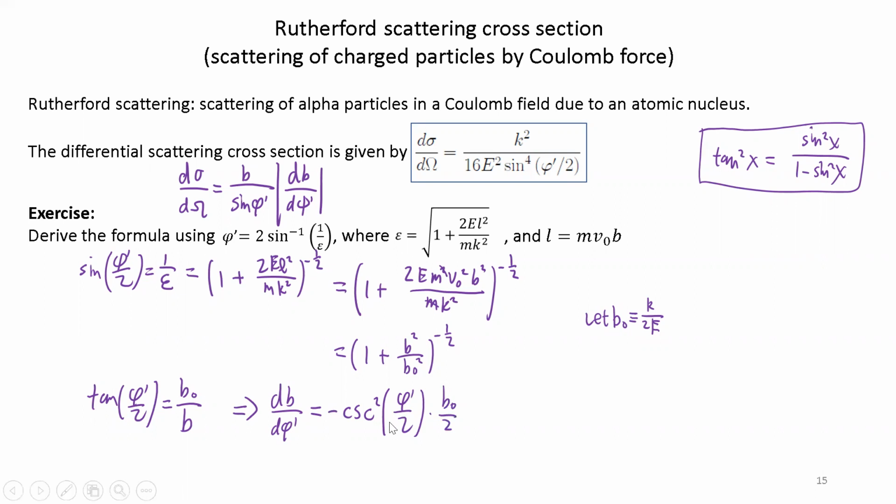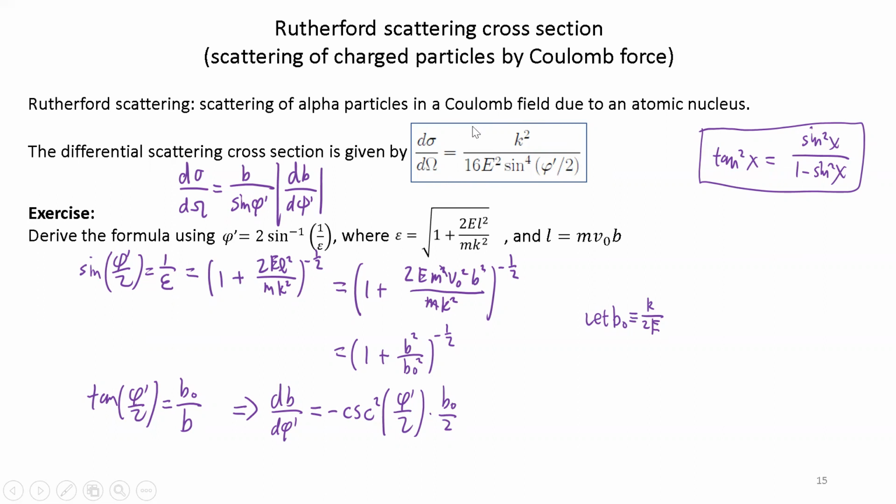I have a minus sign here, but remember, we just need to take the absolute value, so this minus sign doesn't matter. Now if you plug in this expression to this part, and multiply by b divided by sine phi prime, you get the result of this one.